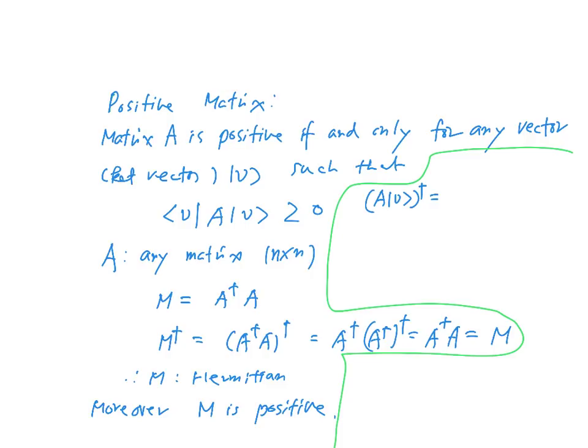So it becomes V adjoint A adjoint. V adjoint A adjoint with AV is actually always positive, right? It's the same vector.